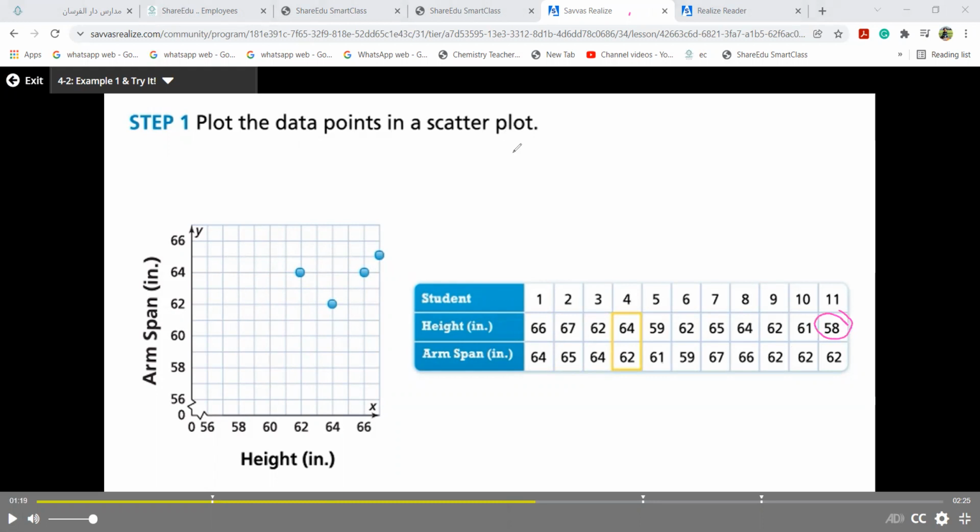So she started with 56, 58, and then she gave a gap of 2, for example 56, 58, 60. Can you see here? Or you can say 56, 57, 58, but instead of writing 57, she left that space and went to 58. She did the same thing with the y-axis, and then she plotted her graph. But this graph is already given to you all.